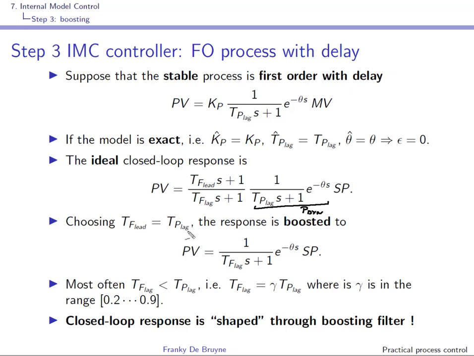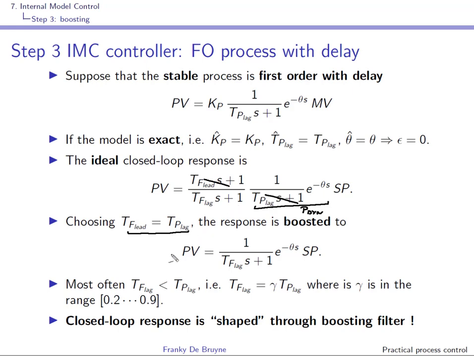So what we can do is choose the lead time constant of the lead lag filter to be equal to the time constant of the process, so that this part here and this part here cancel out, right? We can do this because what is cancelled here is a pole that is stable.